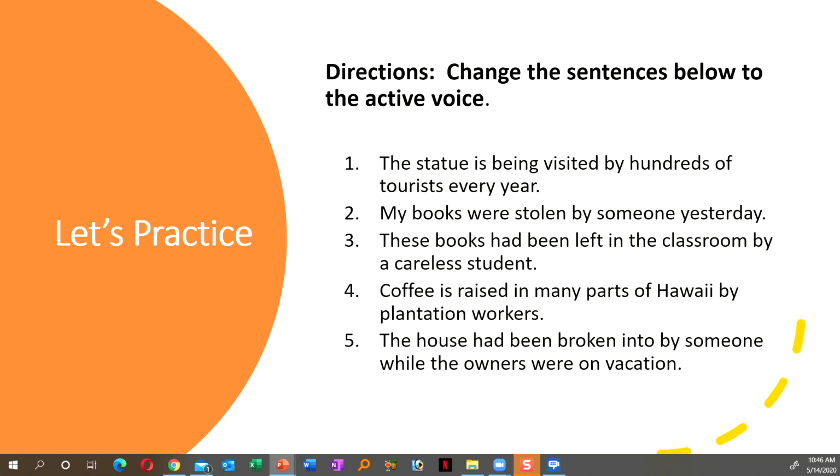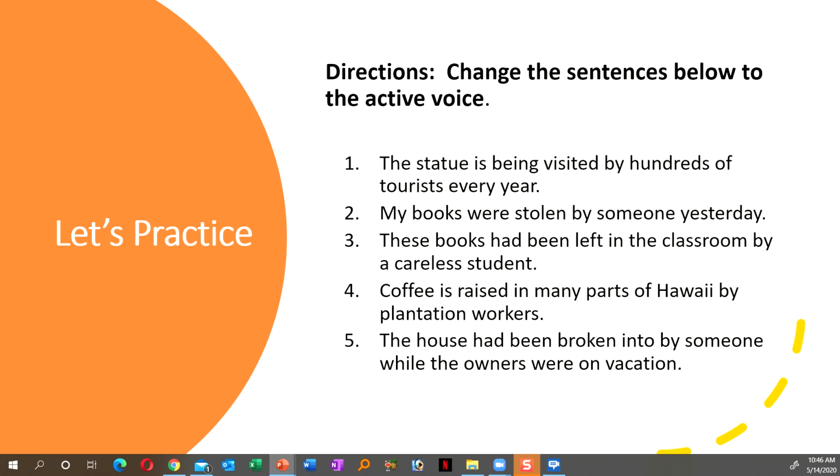So here's the last one. The house had been broken into by someone while the owners were on vacation. Not had, right? Someone broke, right?